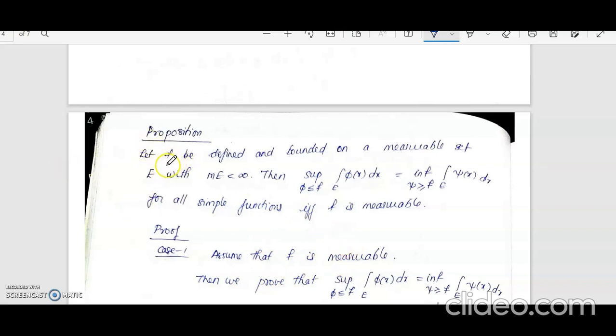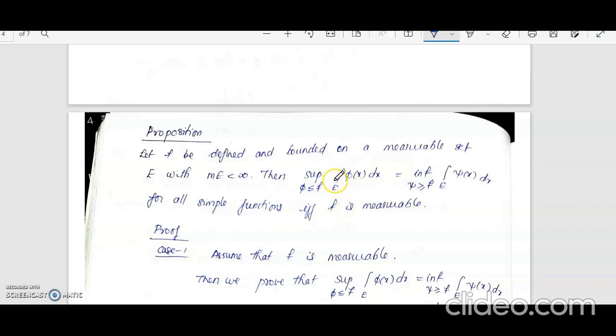So the proposition states that if f is defined and bounded on a measurable set E with measure of E less than infinity, so E has a finite measure, then the supremum over phi less than or equal to f, integral over E phi of x dx will be equal to the infimum over xi greater than or equal to f, integral over E xi of x dx, for all simple functions, if and only if f is measurable.